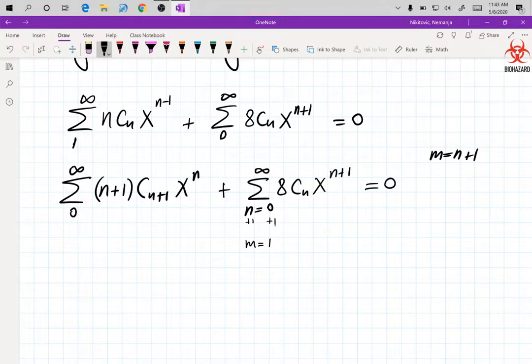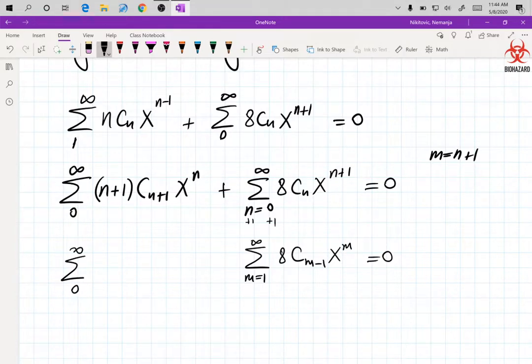So now what is this changing into? It's changing into the sum from m equals 1 to infinity of 8 c_(m-1) x^m. Okay, so that looks like it worked.